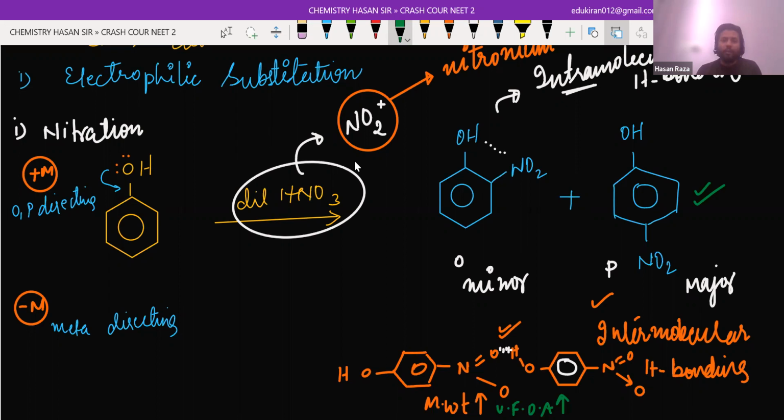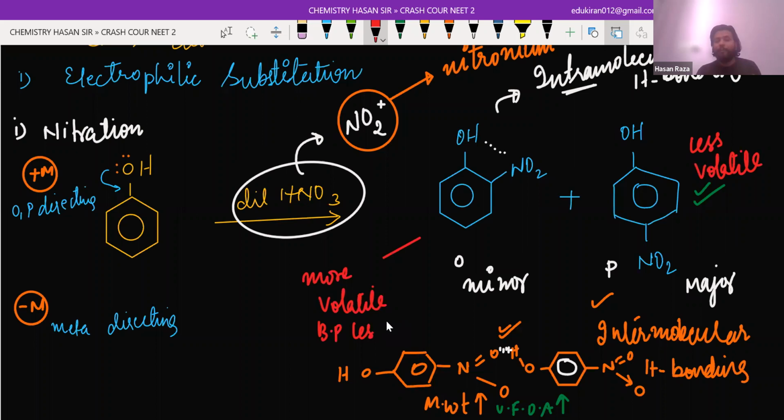It is also very important to note that ortho will be more volatile, and para will be less volatile. We can also write boiling point lesser: ortho will have lesser boiling point, and para will have more boiling point.